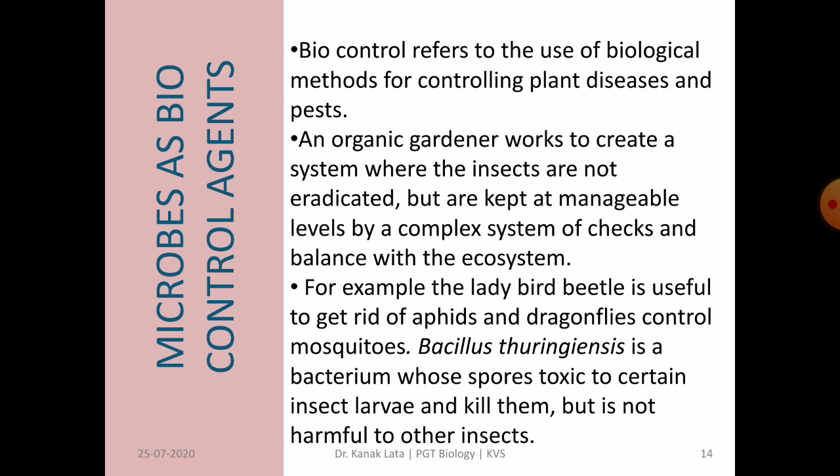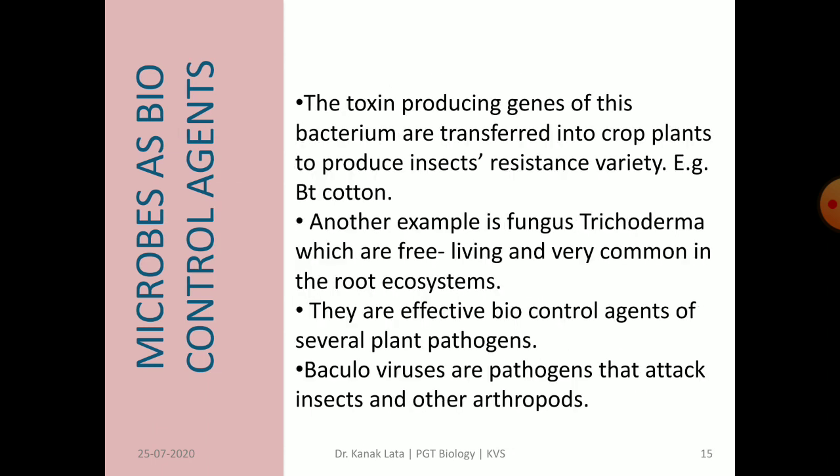A bacterium named Bacillus thuringiensis is used to kill insect larvae. Why? Because it produces some toxic substances. By genetic engineering, toxin producing genes of Bacillus thuringiensis are incorporated into the crop plant to produce insect resistant varieties.